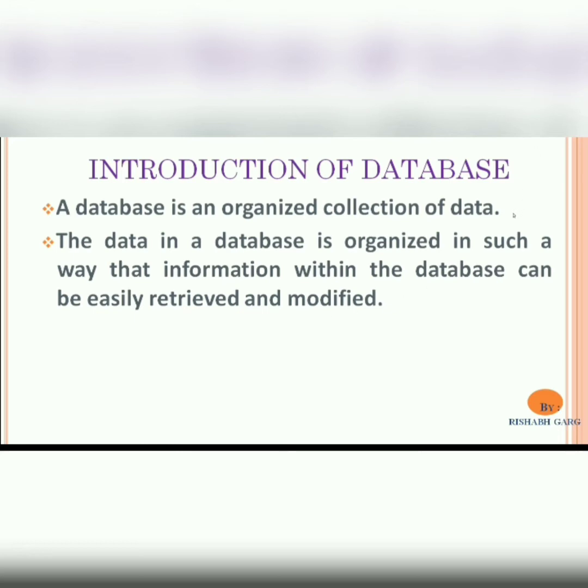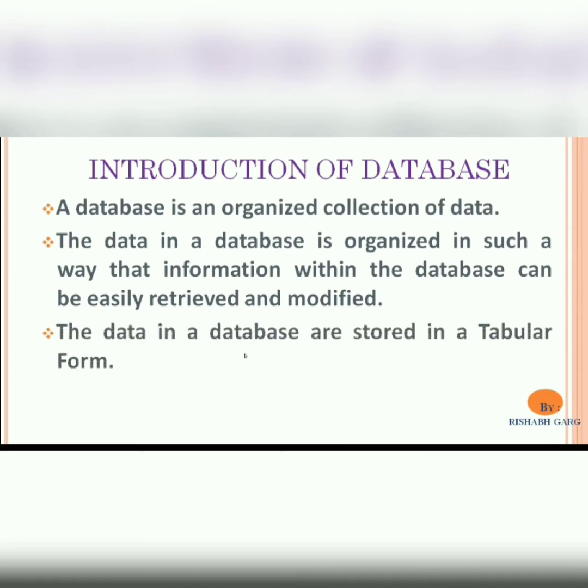It means in a database, data are stored in a systematic way through which we can easily retrieve and modify our data. The data in a database are stored in a tabular form. Tabular form means in a table format, data are stored in a database.